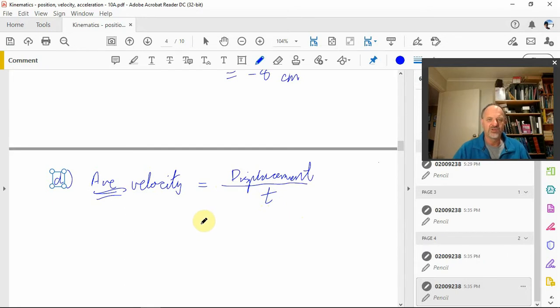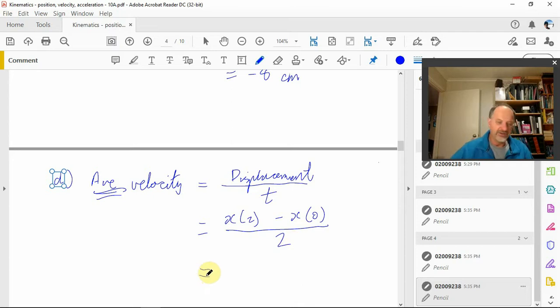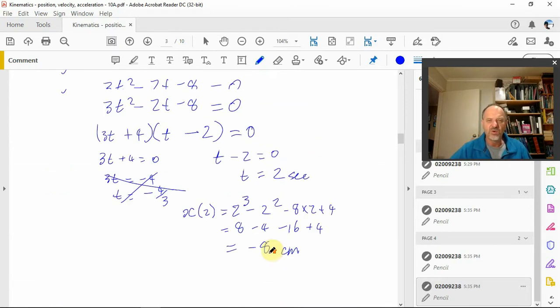And in the first 2 seconds, that displacement would be where it is after 2 seconds minus where it was at the start, over the time, which is 2 seconds. Now we've figured out those things before.